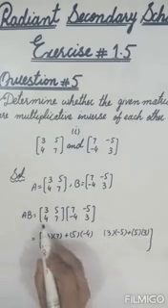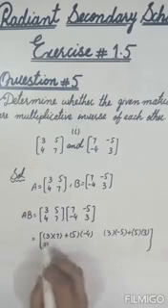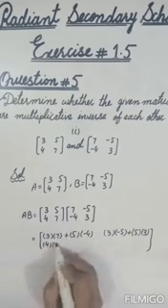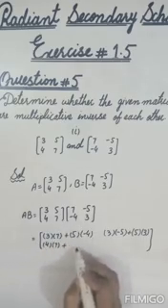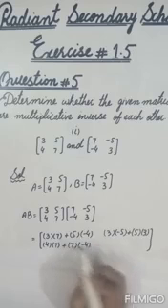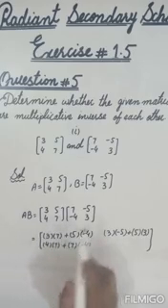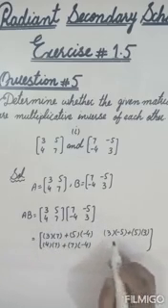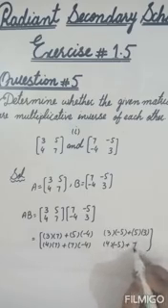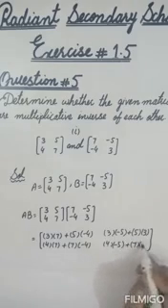Now second row with first column, 4 into 7 plus 7 into minus 4. Second row with second column, 4 into minus 5 plus 7 into 3.